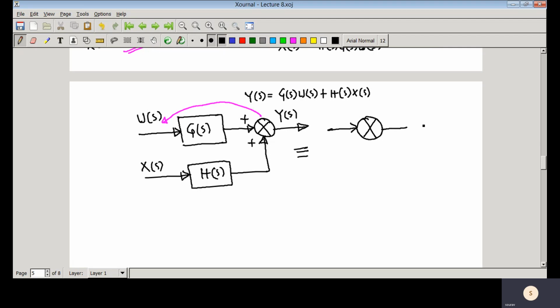So here you can see that Gs is here, the same transfer function is here, and if we change the position of that comparator, you keep it the same here, and then the input coming to this block is Xs. Now we put Hs by Gs.